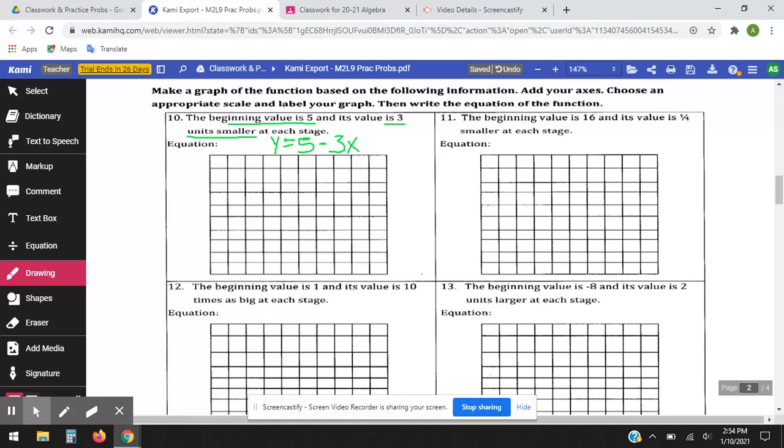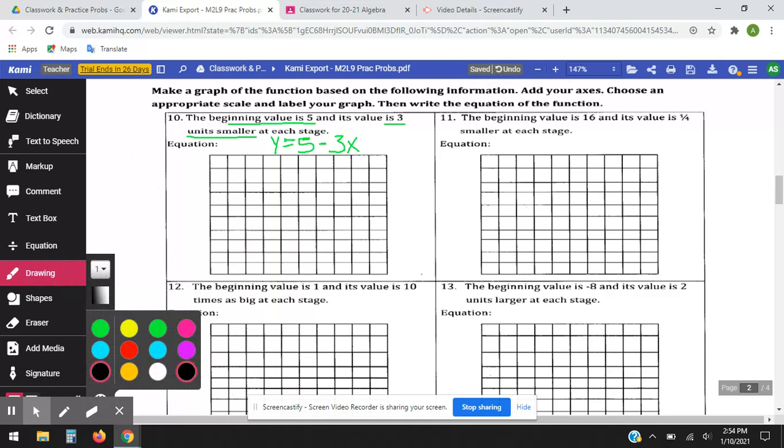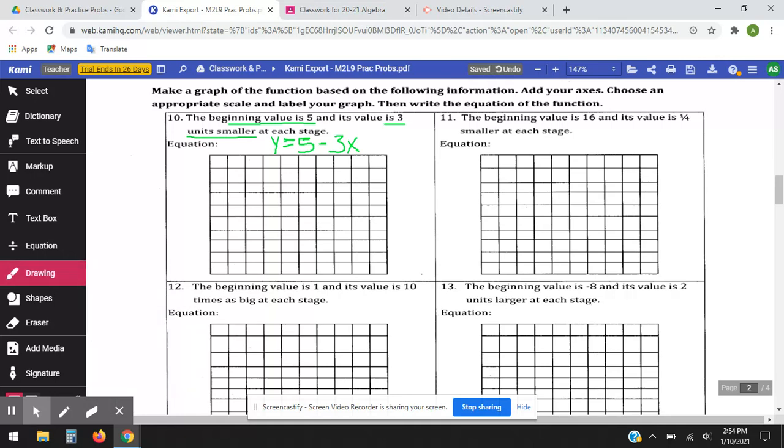So that's my repeat. I know that when I do my axes, I'm just going to draw it in. They're mostly positive. And so again, 1, 2, 3, 4, here's 5. 1, 2, 3, 4, here's 5.